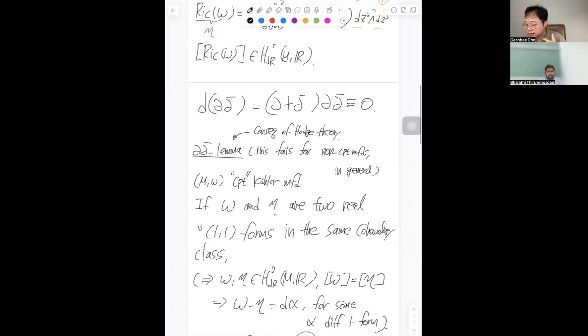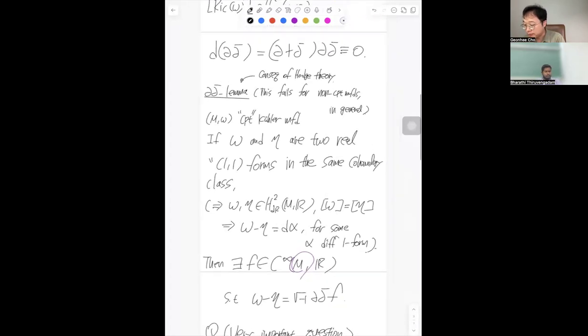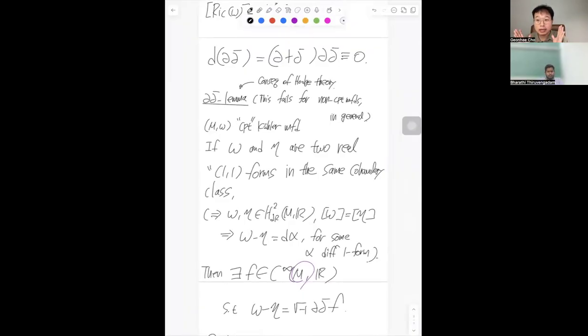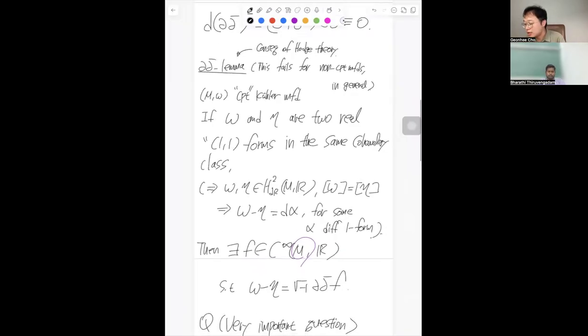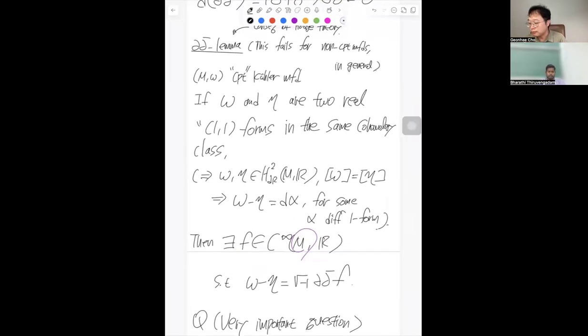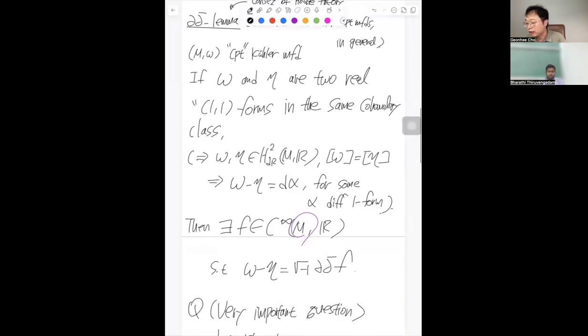If we apply the perspective from the ddbar lemma, then if these two real (1,1)-forms belong to the same cohomology class, then not only can we realize the difference as the exterior derivative of a smooth differential one-form by the definition of the de Rham cohomology class, we can realize it as i partial partial-bar of a smooth function which is defined globally. But this is not guaranteed.